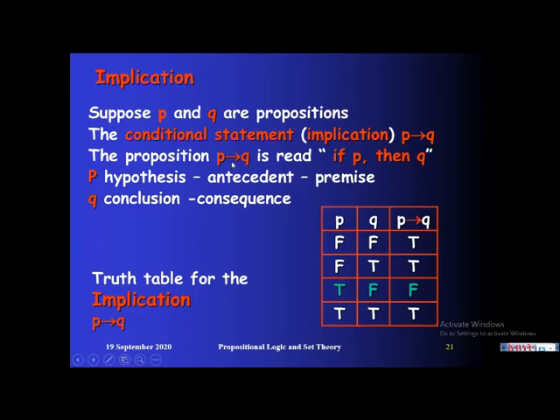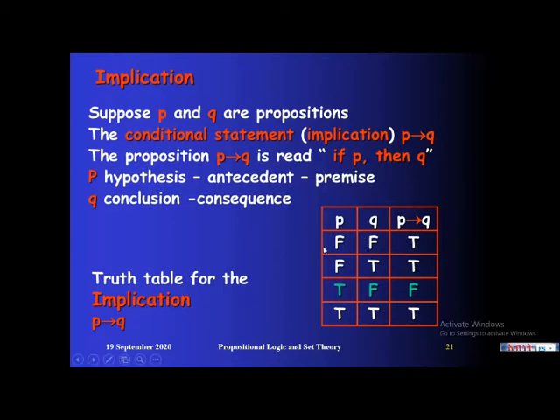So P → Q reads as follows: if P then Q. From here, the first statement, which comes after if, we call the hypothesis or premise, and then the next statement is called the conclusion or consequence.